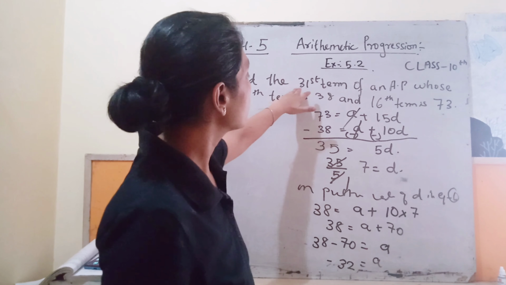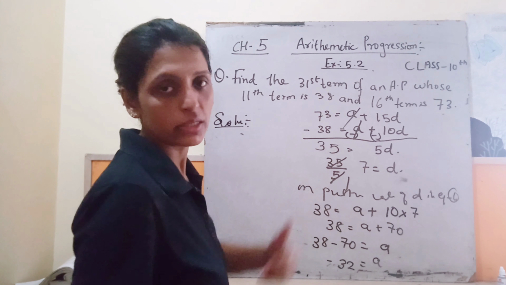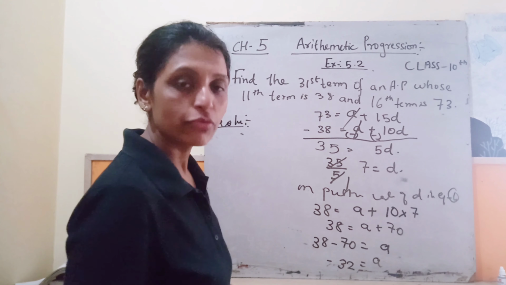Now in order to find the 31st term, we have got both the unknown quantities, the common difference and the first term.